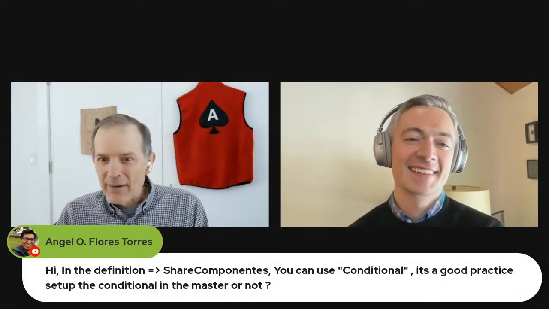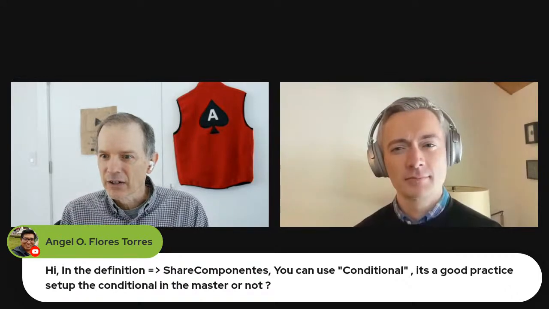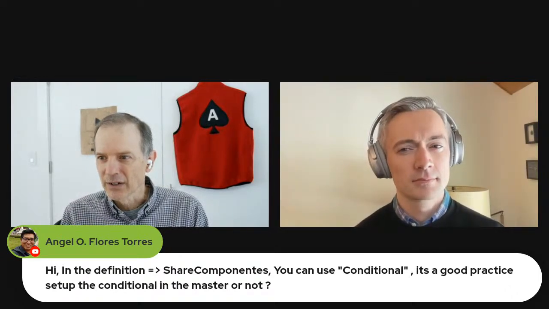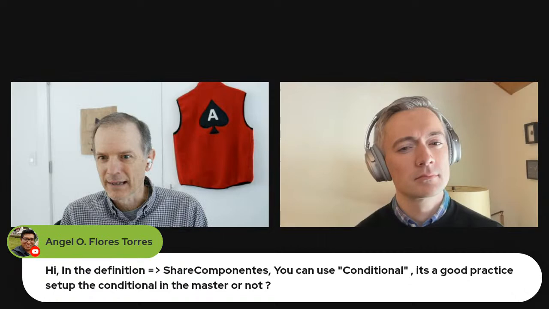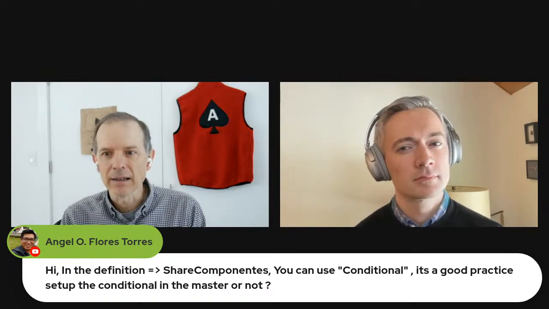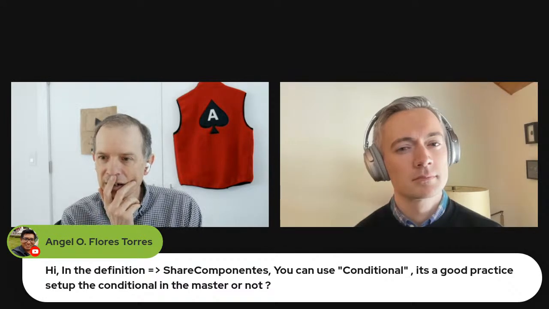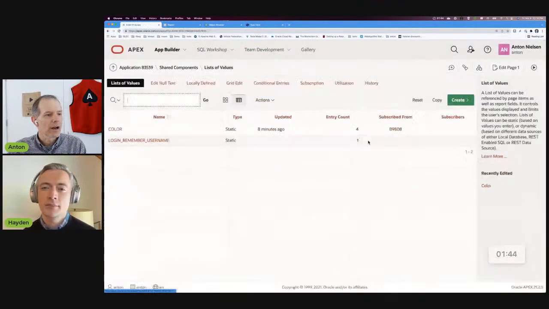So let's see. Do we have a question about the definition of shared components? You can use conditions. Is it a good practice to set up the condition in the master or not? In the definition of shared components, you can use a condition. I'm not sure what the condition might be.